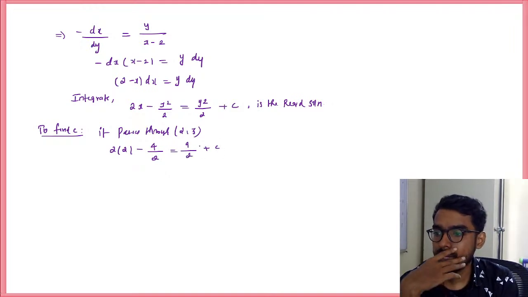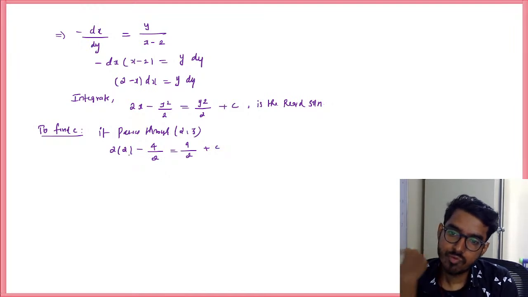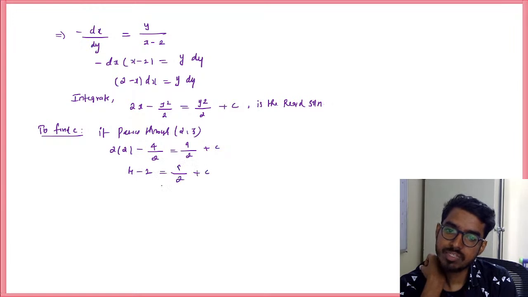So what will be the value of c? It will be 4 minus 4 by 2, that is 4 minus 2, equal to 9 by 2 plus c.